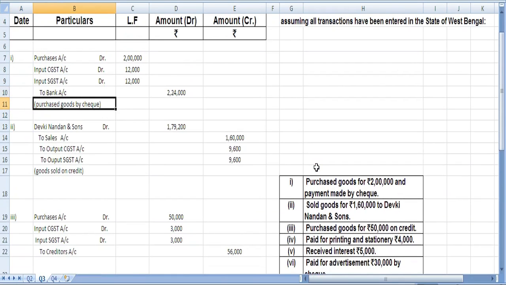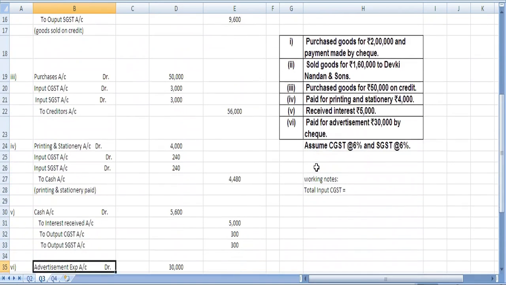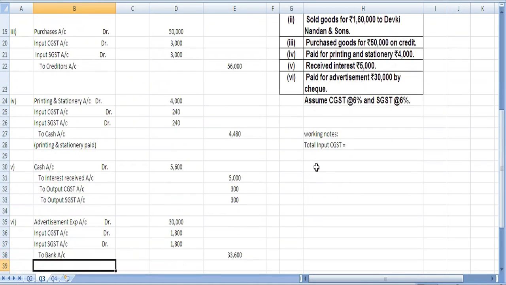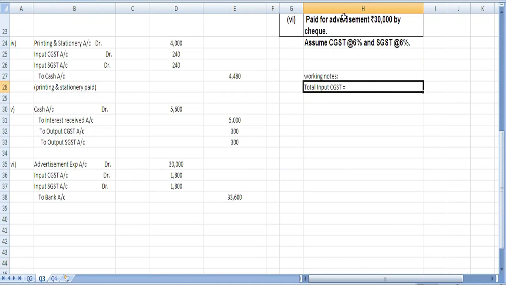Like here we have 12,000, then 3,000 will be added, then 240 will be added, and 1800. So 12,000 plus 3,000 plus 240 plus 1800 will come as 17,040.